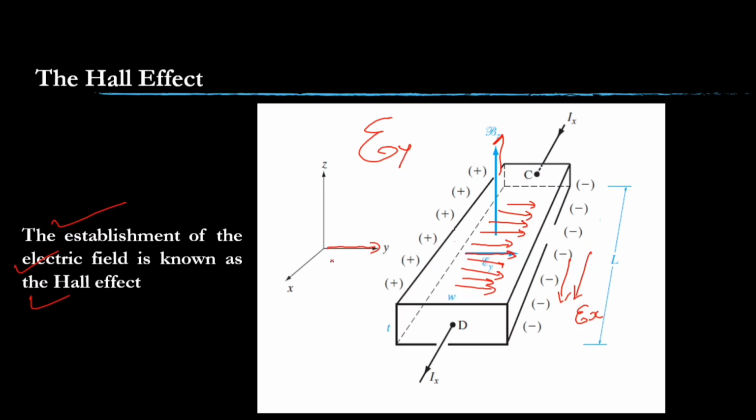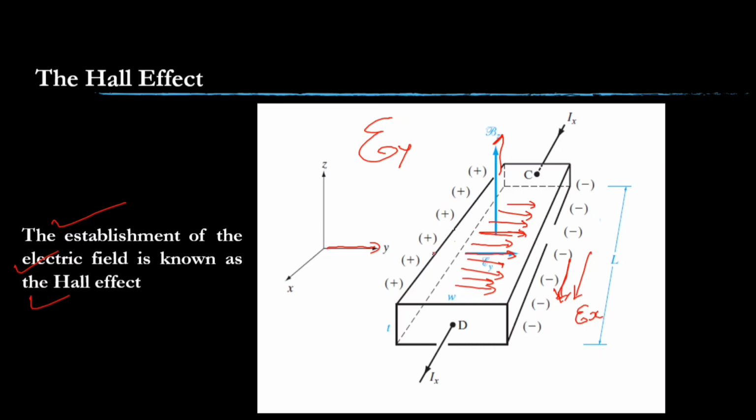We know one theory of holes, that holes will start moving in the direction of the electric field. One electric field is experienced in this x direction, and another electric field is experienced in this direction.